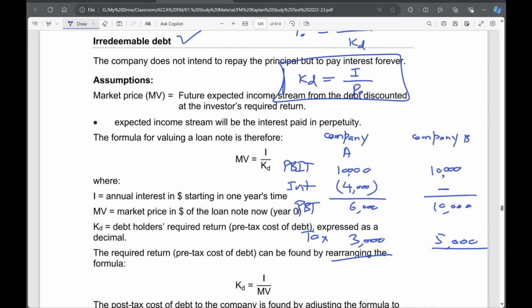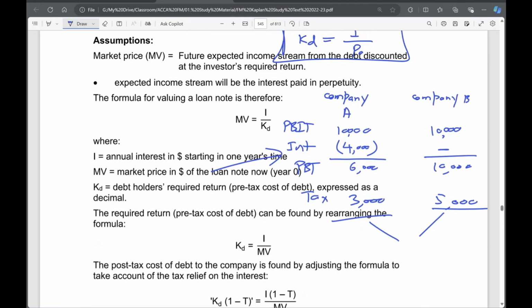So how much interest do they pay? 4,000. But how much do they save? 2,000. So effectively, how much interest do they pay? Just 2,000. They pay 4,000 interest, but they save 2,000 in tax. So effectively, how much saving did they make? Half of it. What is the way to find this directly?